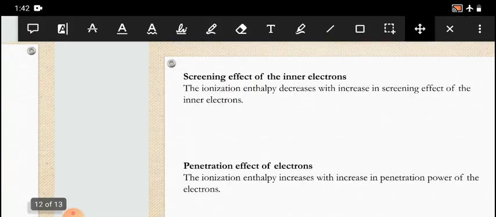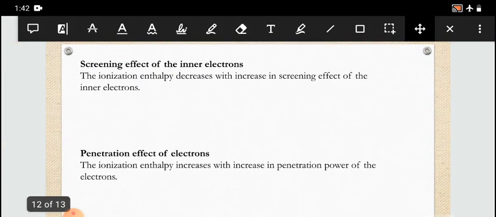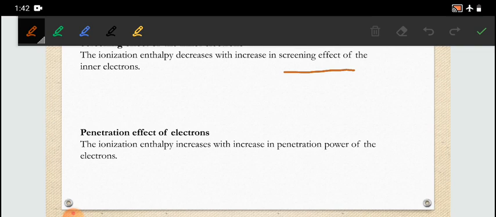Okay, now third one is screening effect, screening and penetration effect. This screening and penetration effect is very important. If screening effect decreases, then ionization enthalpy increases. Or if screening effect increases, ionization enthalpy will decrease.